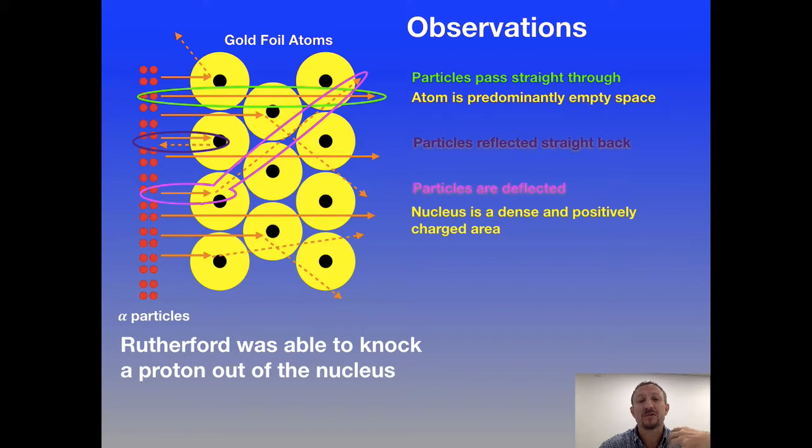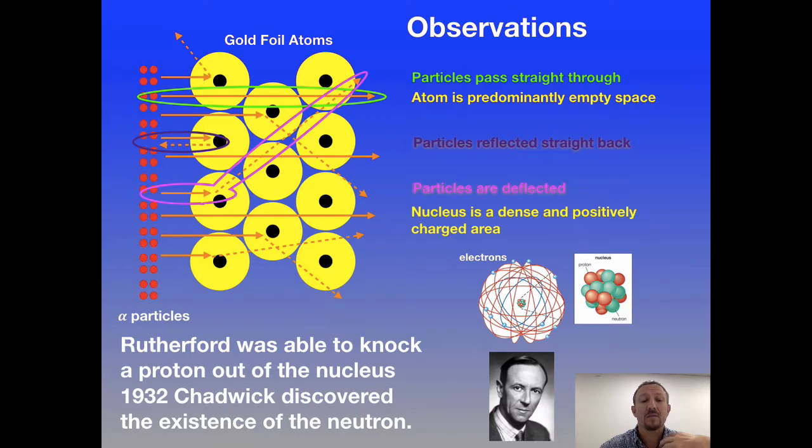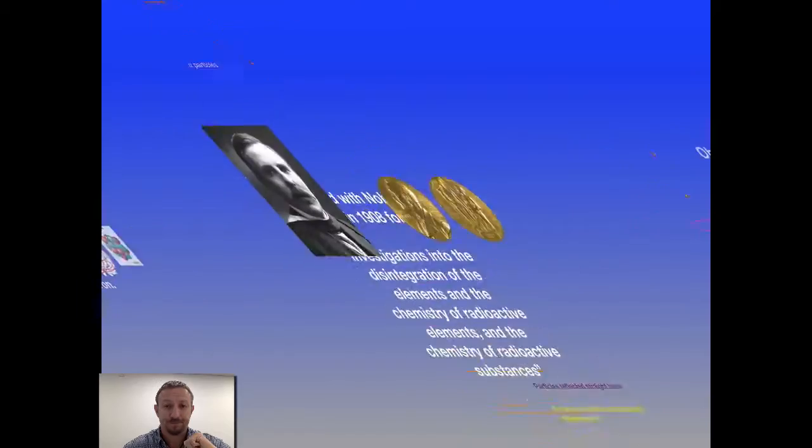Rutherford was also able to knock a proton out of this nucleus and identify the proton, and then James Chadwick was able to discover the existence of neutrons which are present in the nucleus. So we've got this image here to show our new model of the atom, which was made up of lots of electrons spinning around the outside with a dense positively charged nucleus made up of protons and neutrons.